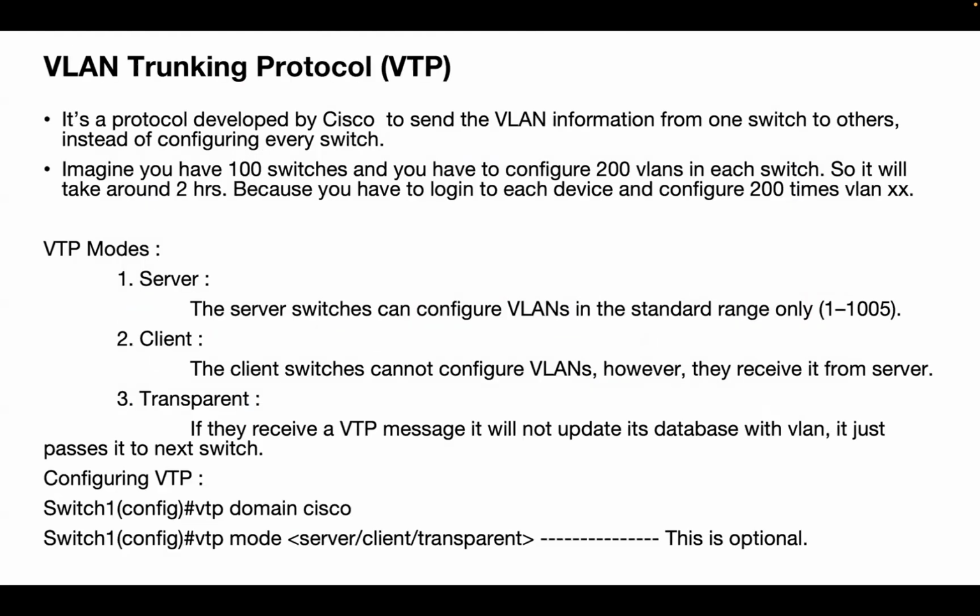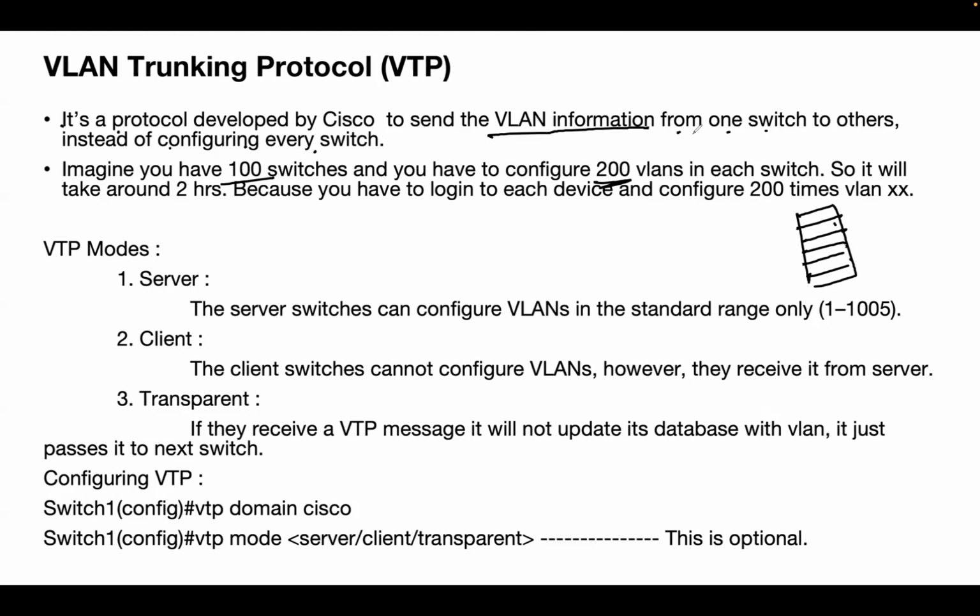Okay. Now we'll go with the VLAN Trunking Protocol, VTP. It's a protocol developed by Cisco to send VLAN information from one switch to another switch instead of configuring every switch. Imagine that you work as a network engineer for a very big building. Each floor has hundreds of switches, and on each switch we need to configure 200 VLANs.